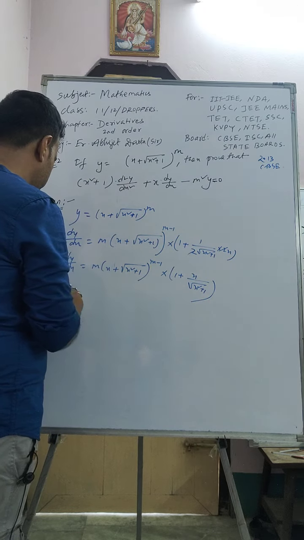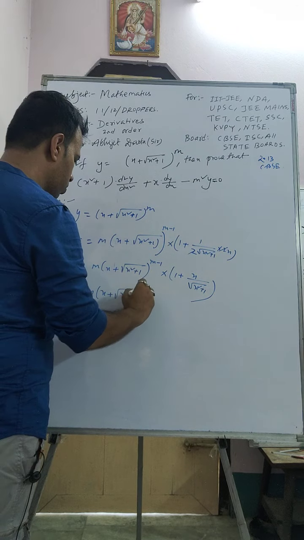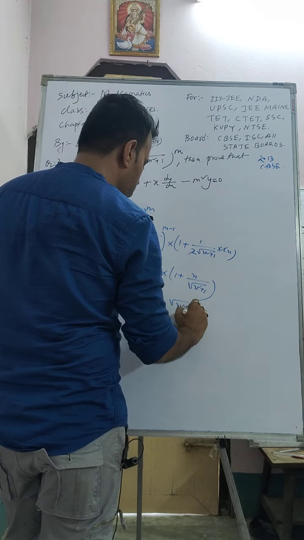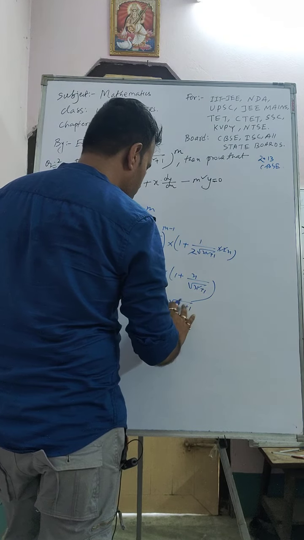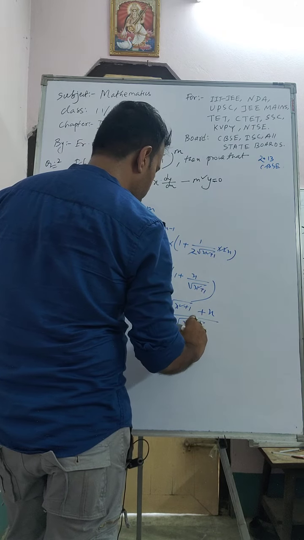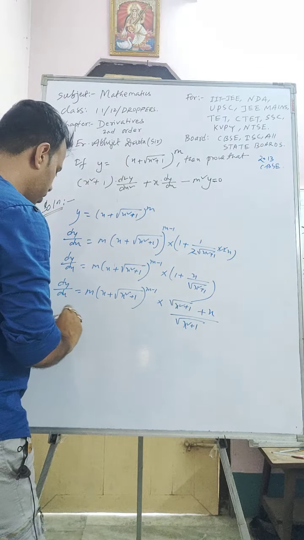So dy dx is m into x plus root over x square plus 1 to the power m minus 1 into, here will be x square plus 1, plus x by root over x square plus 1. Now this one and this one will be one part.